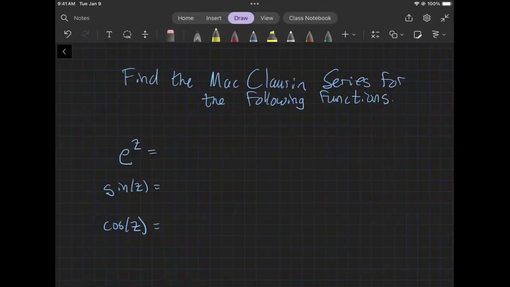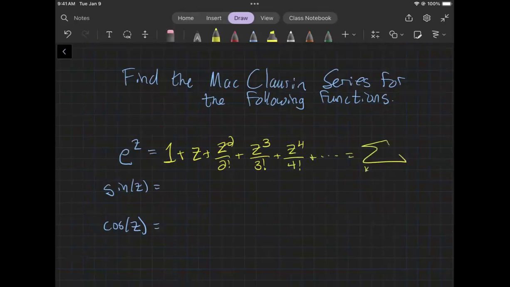So e to the z equals 1 plus z plus z squared over 2 factorial plus z cubed over 3 factorial plus z to the fourth over 4 factorial and so on, right? And this representation looks like this: z to the k over k factorial.